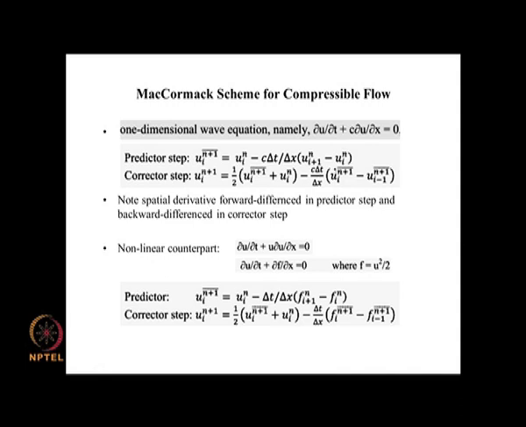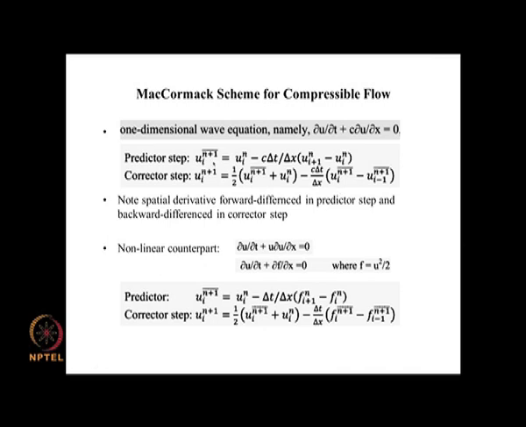What we would like to note here is that the spatial derivative is forward differenced, i plus 1 minus i, in the predictor step and backward differenced in the case of the corrector step, and that is something that we would need to note and put accordingly.